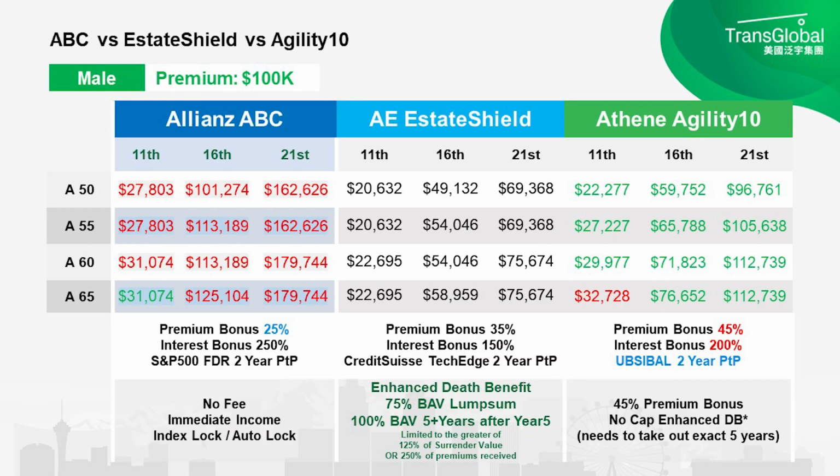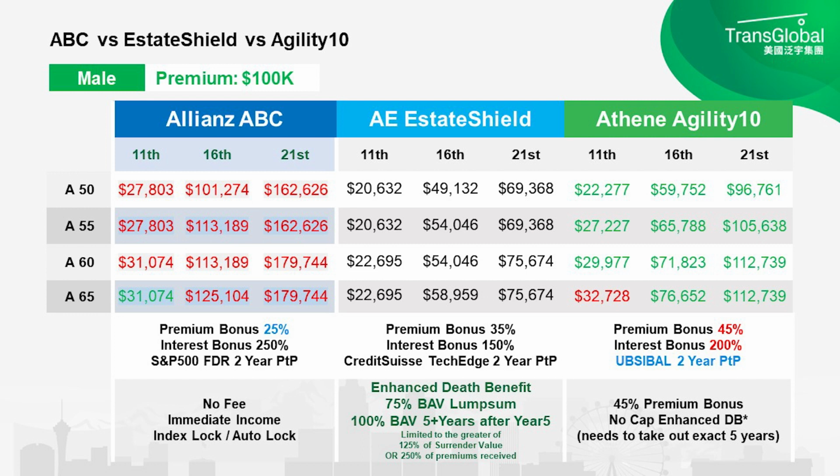Okay, when we include ABC, the reason why ABC is not compared on the last page is because ABC is more flexible. It can take income immediately, or after 10 years, or after 20 years, whatever. So it doesn't go into the last page comparison. This page is more important. Look here, okay?